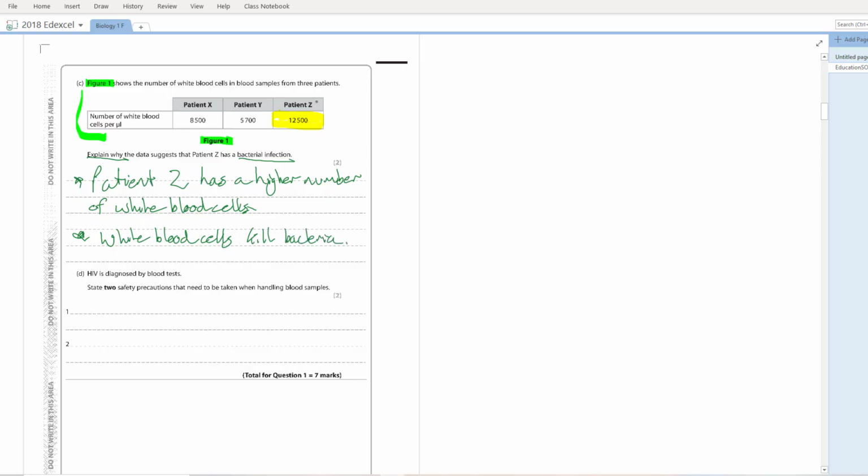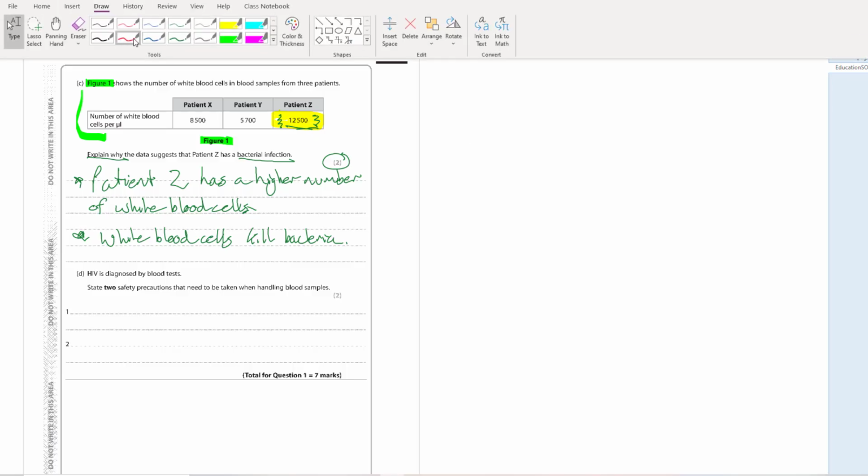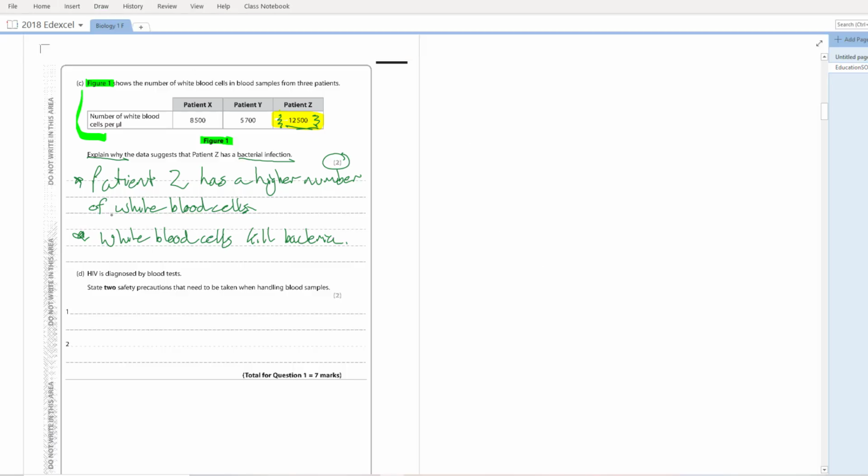So I've identified that patient Z has a high number of white blood cells, and I know that white blood cells kill bacteria, and I've answered that question quite satisfactorily.